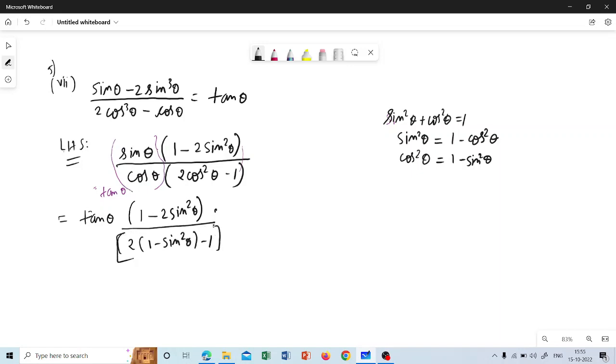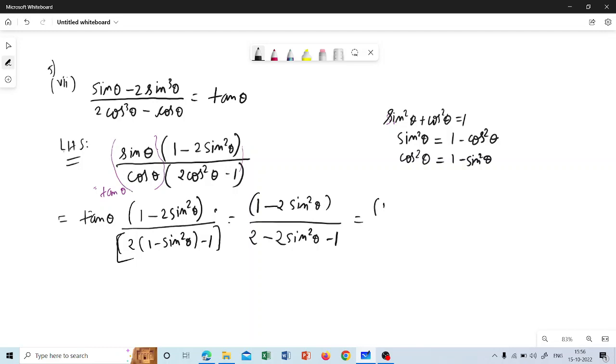So I will put it like this now: 1 minus 2 sine square theta divided by 2 into 1 is 2, minus 2 sine square theta minus 1. So 2 minus 1, the like terms, is equal to 1.